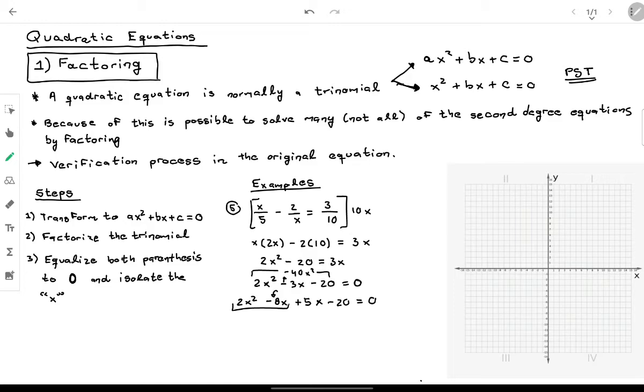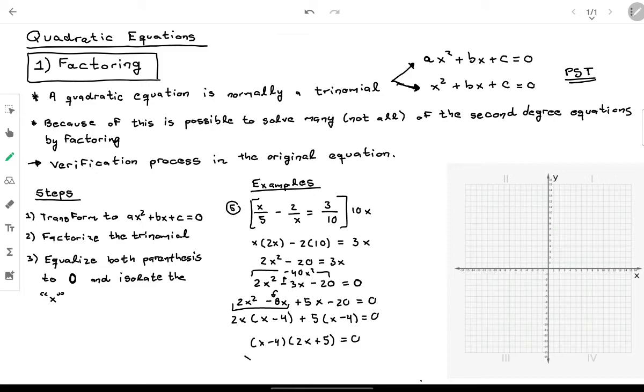These two of them have something in common, that is 2x, which multiplies x minus 4. Plus these two have 5 in common, x minus 4 equals 0. So it's going to be x minus 4 multiplying 2x plus 5 equals 0.